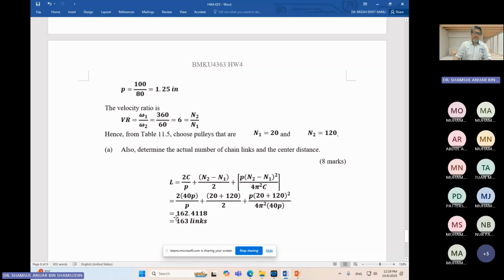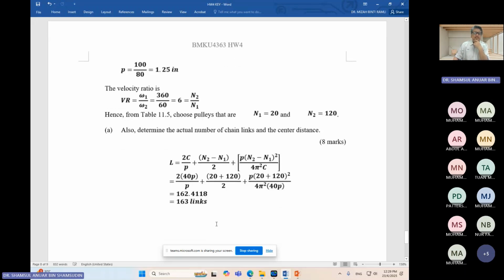So if your answer is 162.14 something, you must round it up, you cannot round down. You cannot go to 162, so you must go up to 163 links.